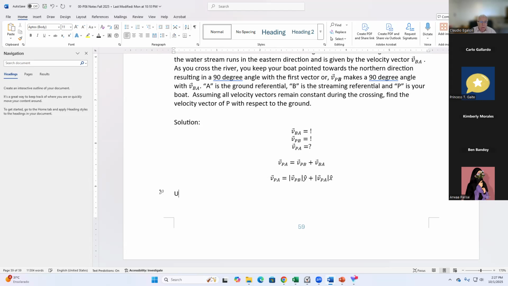Use the following numerical example. Let's say the velocity or speed of the water stream is 4 meters per second, right?